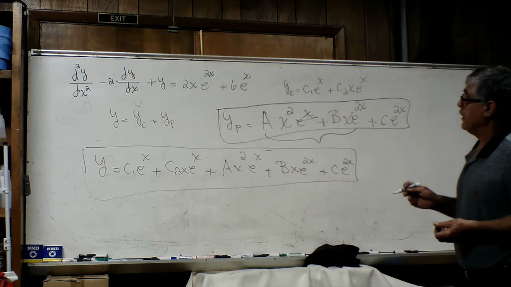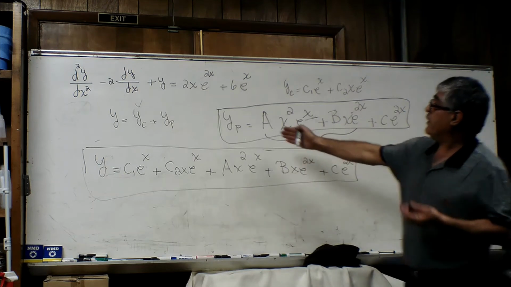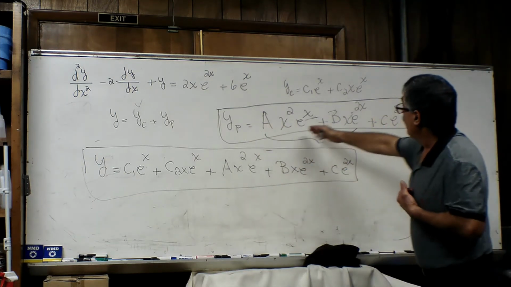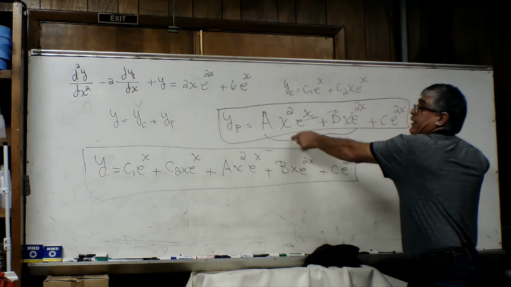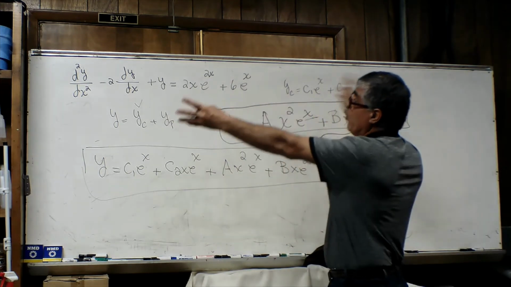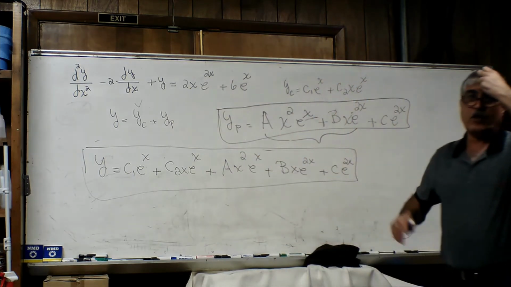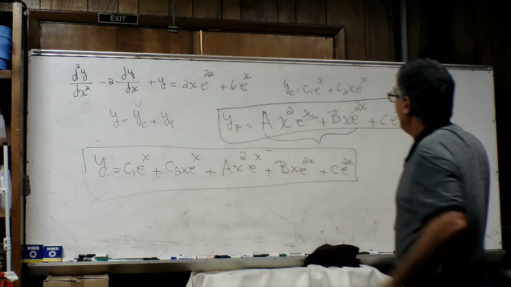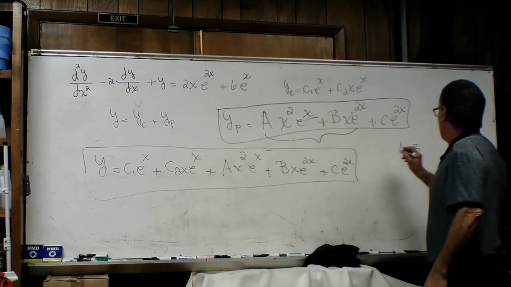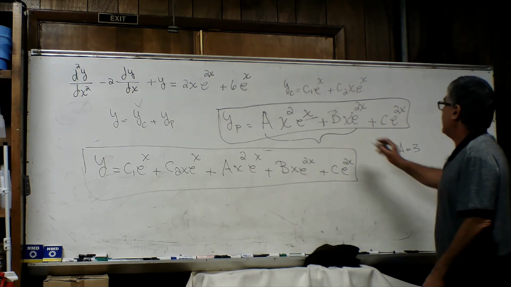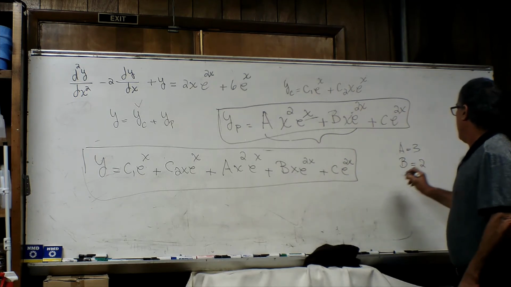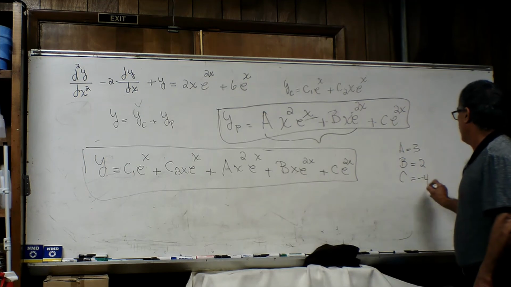And if we take the first derivative and second derivative of this assumption and plug it in that equation and compare both sides of the equation, I did that this morning, and I came up with the value for a to be 3, b will be 2, and c will be -4.